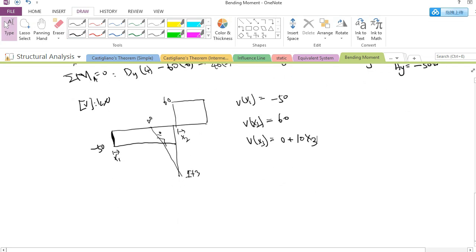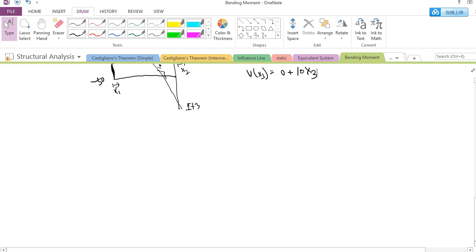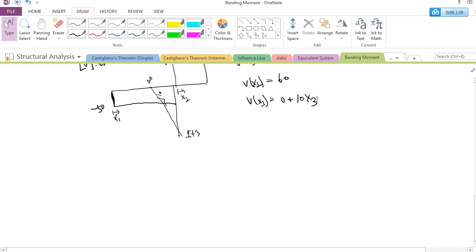Right. And then bending moment. Let's start to draw the bending moment. Let me remind you, when we draw bending moment in civil engineering, we plot at the tensile side.